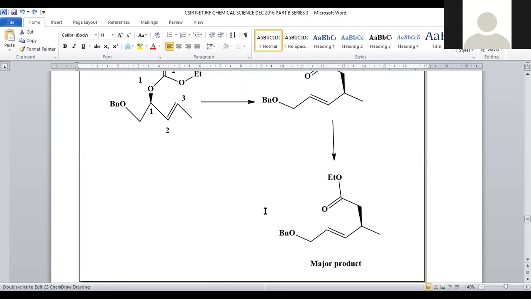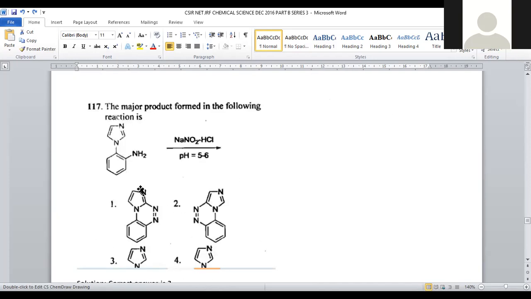Let us move on to question number 117. This is also part of organic chemistry, heterocyclic chemistry. What is the ring? It is the imidazole ring, right? So here a 5-membered ring with 2 nitrogens at 1,3 position is called imidazole. So the imidazole ring is present, and another benzene in a benzyl group is also there, and here we have an NH2 functional group at the ortho position.